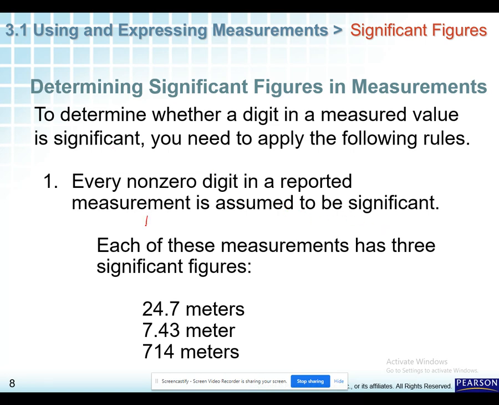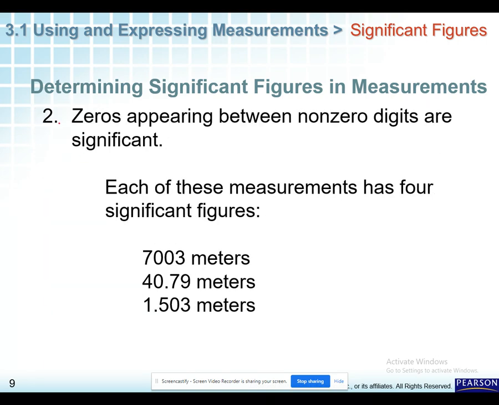So any number like 1, 2, 3, 4, 5, 6, 7, 8, 9 is significant. So here, non-zero, non-zero, non-zero, this has 3 sig figs. Same thing down here, 1, 2, 3, 3 sig figs. 1, 2, 3. 3 sig figs in this one as well.